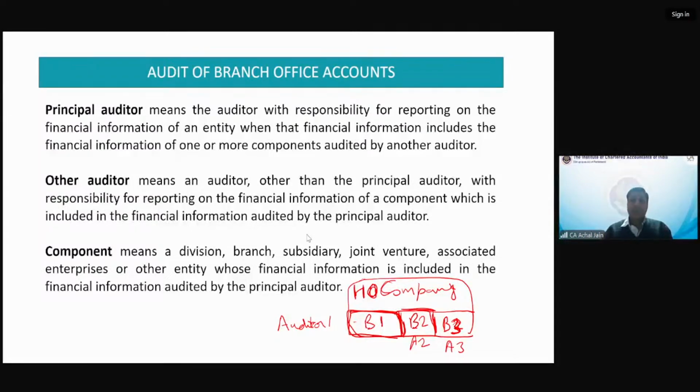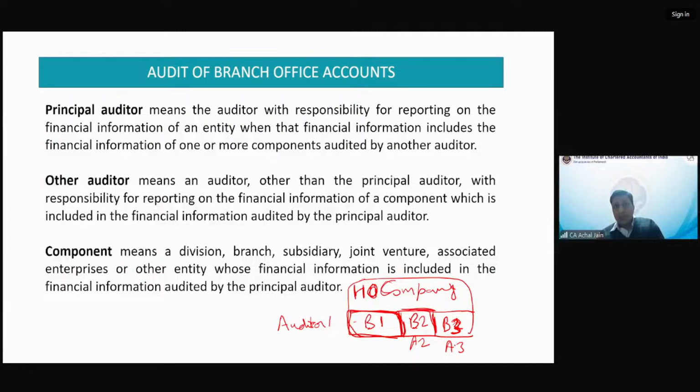Now, when the financial statements of a company as a whole are required, and you have auditors A1, A2, A3 who are auditing only the branches, then somebody needs to first of all prepare the financial statements of the head office and all the branches.